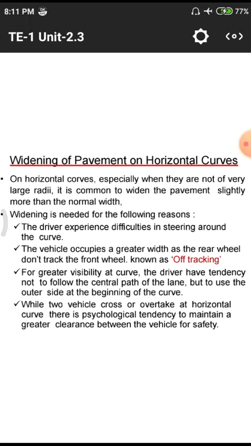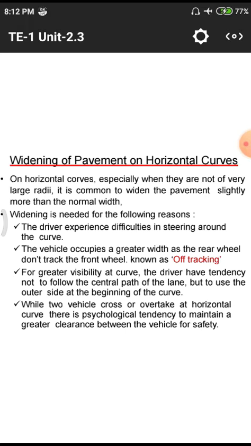Next one is that the vehicle occupies a greater width as the rear wheel does not track the front wheel. That is called tracking. The vehicular length depends upon the distance between the front wheel and back wheel.